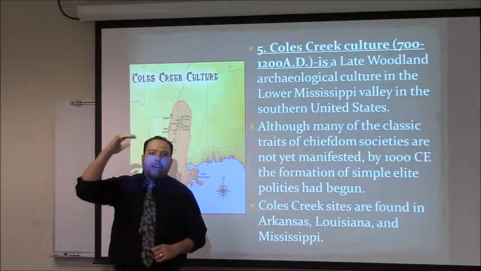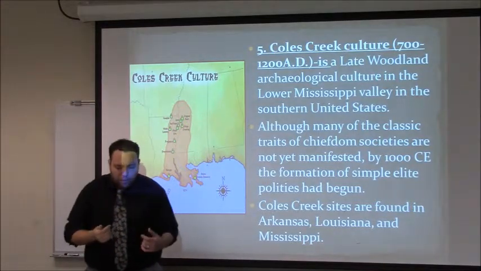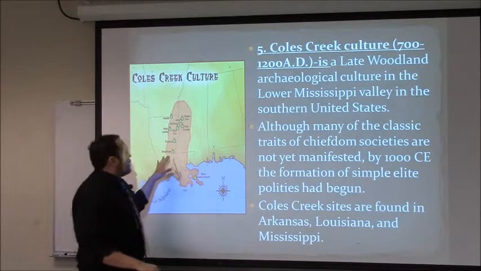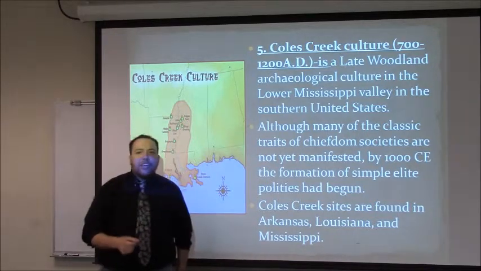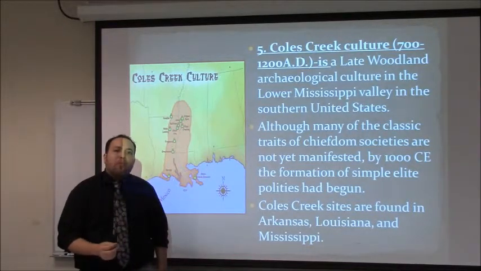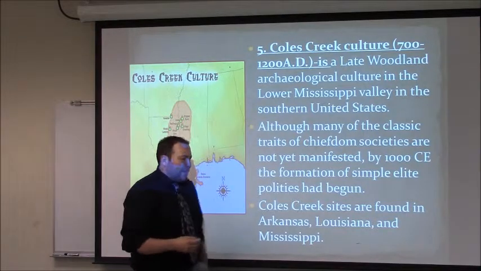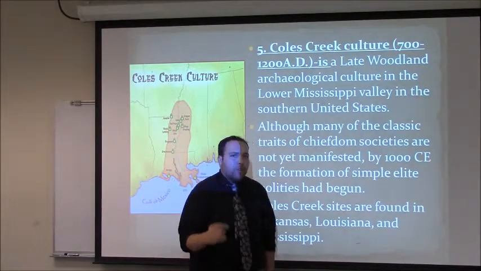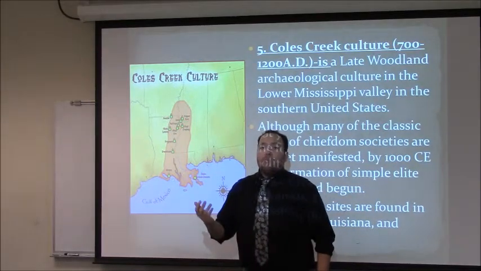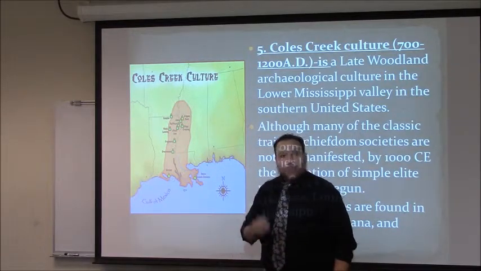These families carry more political clout than the other peoples. Also very important, during the Coles Creek period, you have the domestication of maize, the ancestor to modern-day corn, which would be a fundamental staple, a fundamental crop, not only for Native Americans, but as you know, for later Europeans, and especially today.